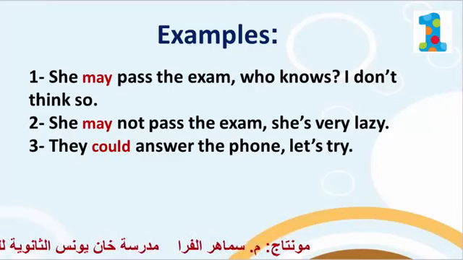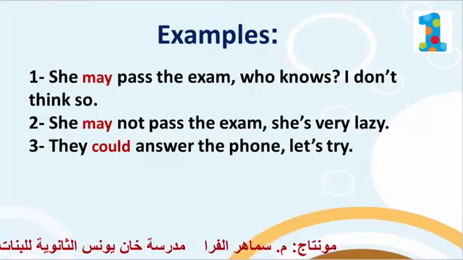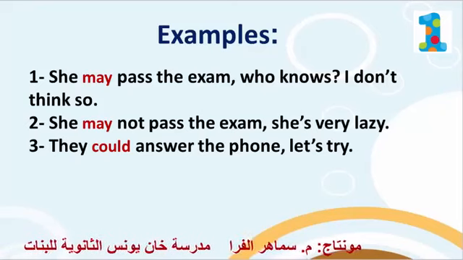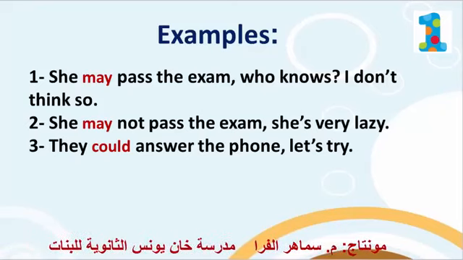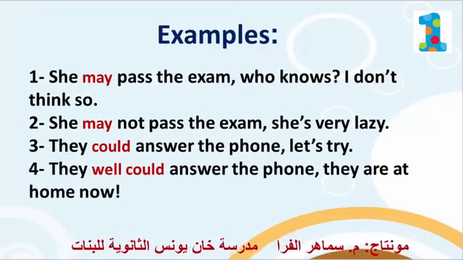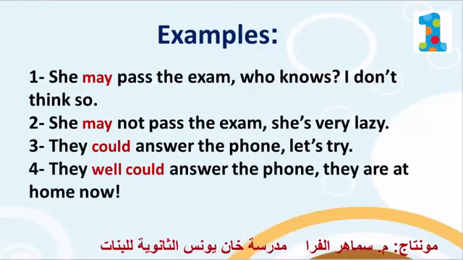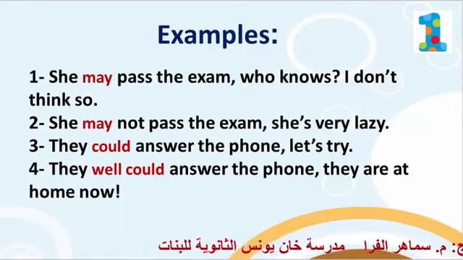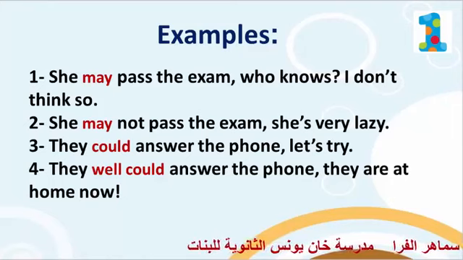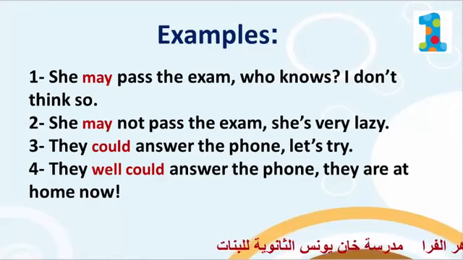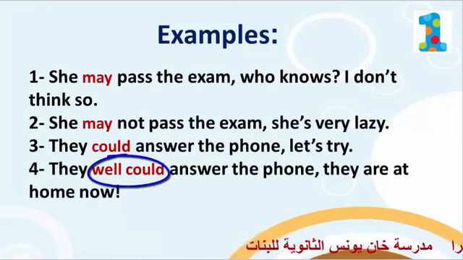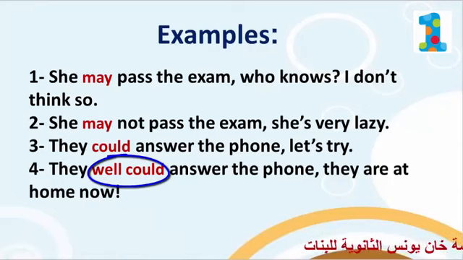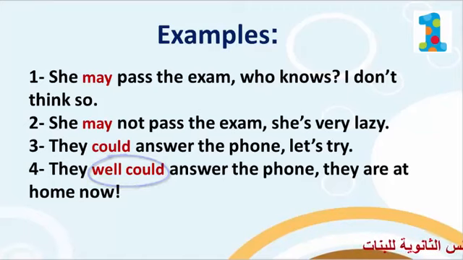Try or let's try is a keyword, and so the modal verb that may be used here is could. Number 4, if we want to raise the possibility, we should add will before the modal verb could, and we say they could answer the phone. They are at home now, and so they could answer the phone.